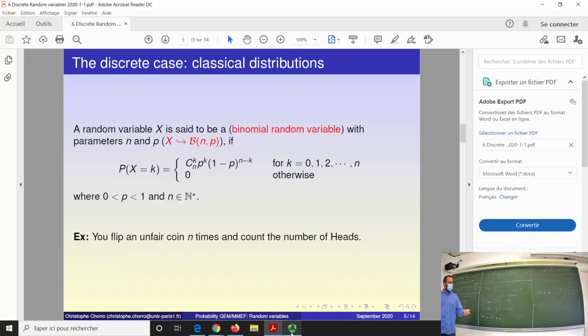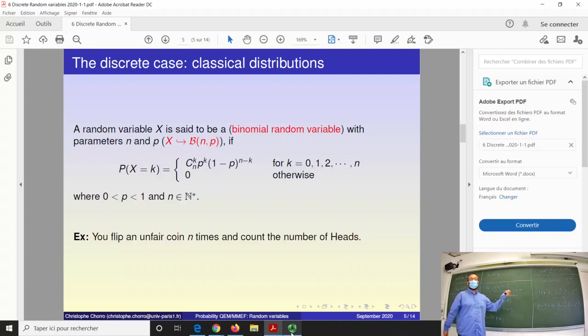First question: why does this define a probability? In other words, why is the sum of all these terms from k = 0 to n equal to 1? If I do the sum from k = 0 to n of P(X = k), I obtain the sum from k = 0 to n of C(n,k) p^k (1 - p)^(n-k).